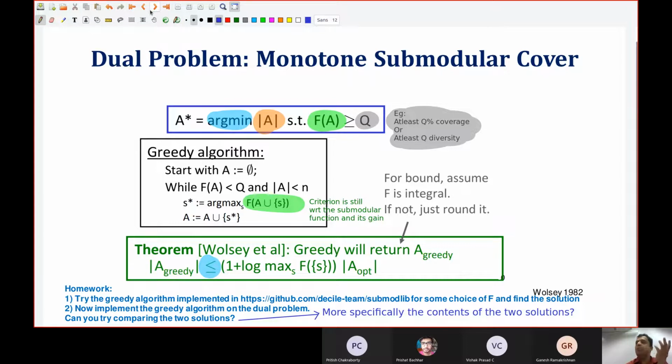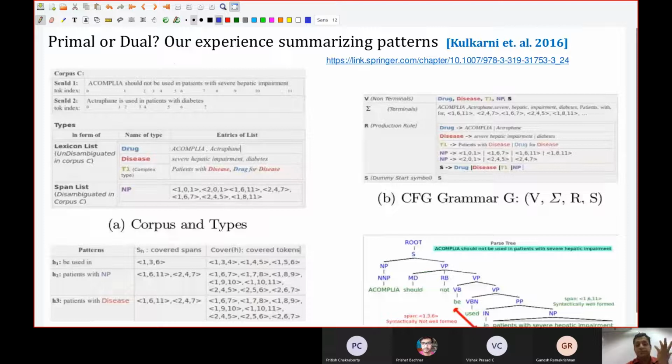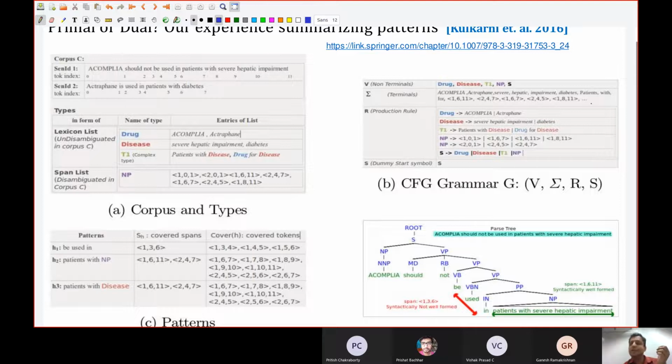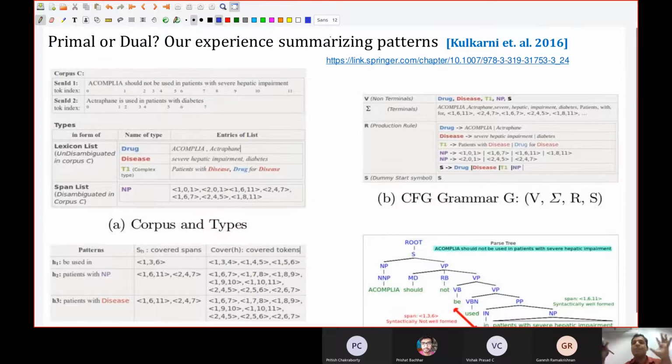So I'll talk about my experience here. This is something we investigated long back, in 2016, with PhD student Rajesh Kulkarni. We were trying to do machine translation there, always human-in-the-loop machine translation. Back then, deep learning wasn't as developed. So we said, let's think of summarizing patterns in a large corpus to be translated.